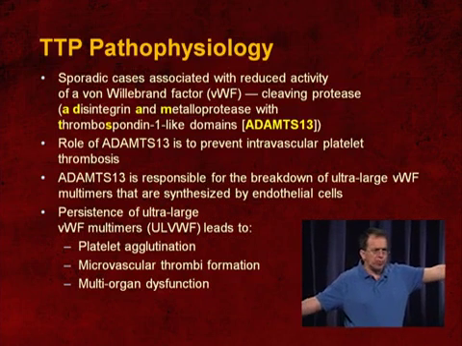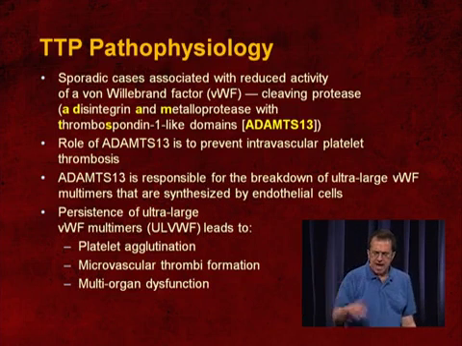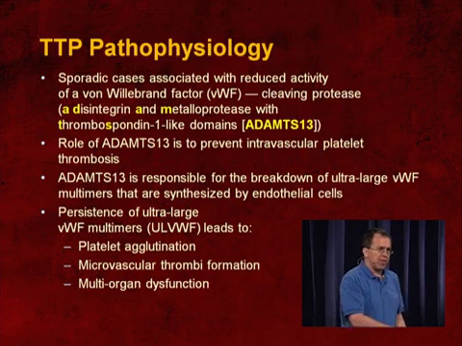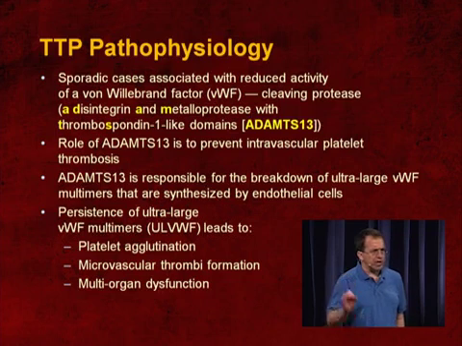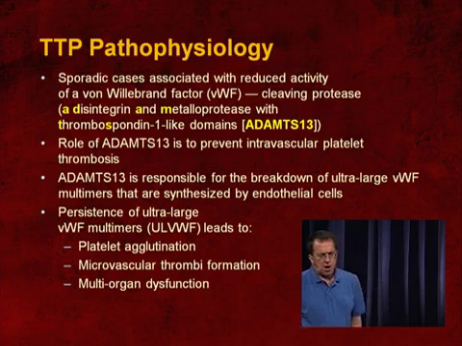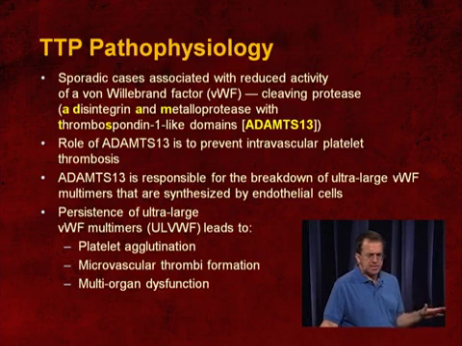These large multimers are super active. They plop down, they start bringing platelets to them, they start forming thrombi like crazy. They have a really important role in forming good primary hemostasis. But you've got to keep them in line, and that's what ADAM-TS13 does.